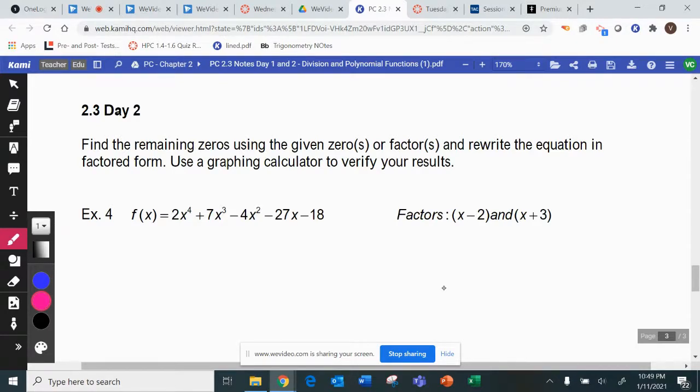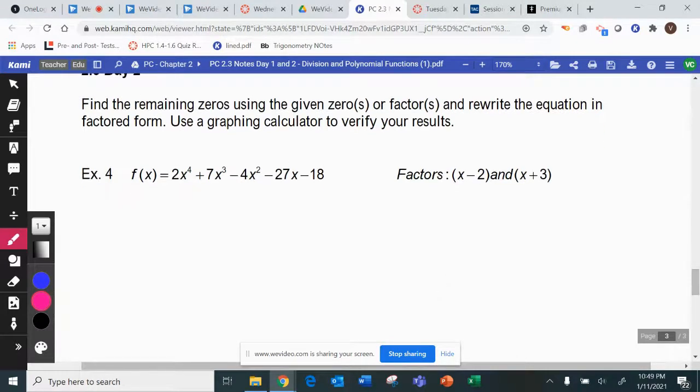First of all, we are given an equation and we were given factors. So we are going to write this entire equation in factored form.